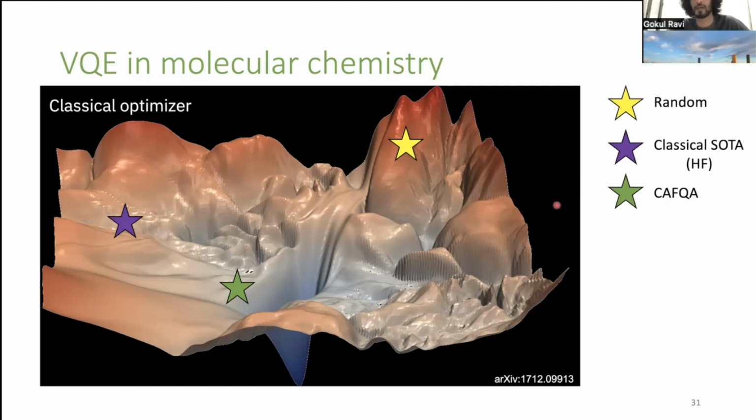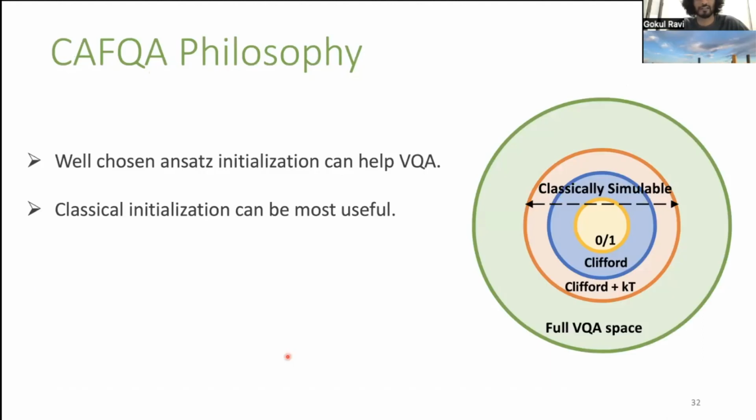On the other hand, with our CAFQA approach, for a variety of molecules we are able to go very close to the global optimum. The global optimum, of course, cannot be found classically, because if it could be, then there is no quantum advantage. But it goes very close to it, which means that only the rest of the portion has to be navigated on the actual quantum device.